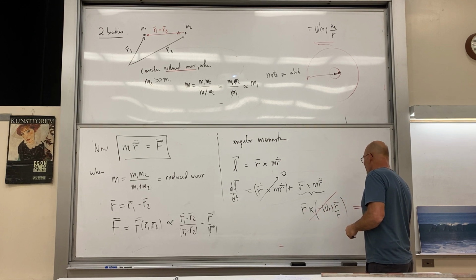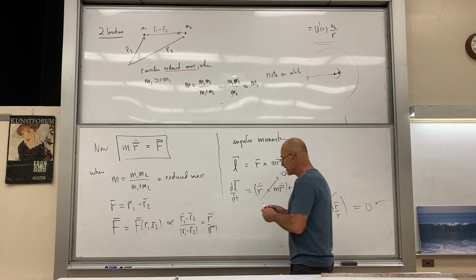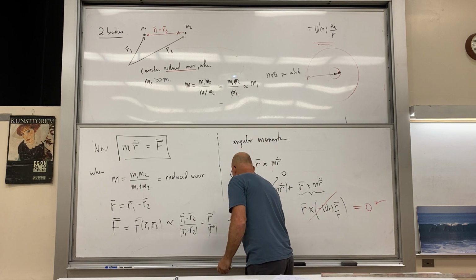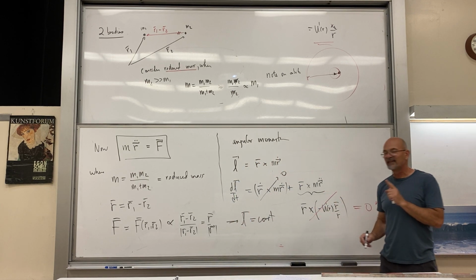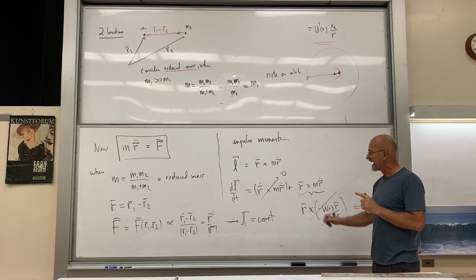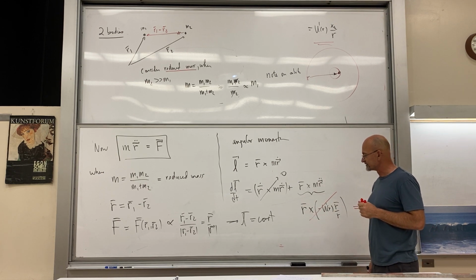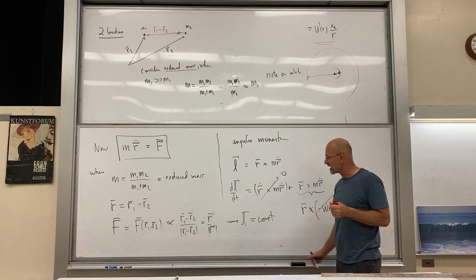So we get a 0, and that means L is constant. That means the magnitude and the direction of the angular momentum are conserved.